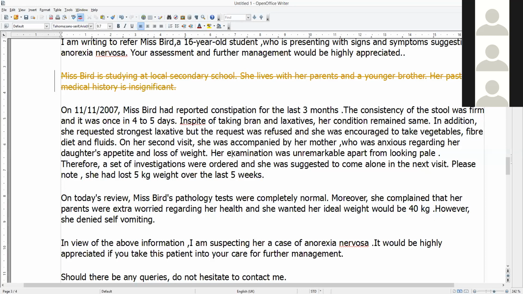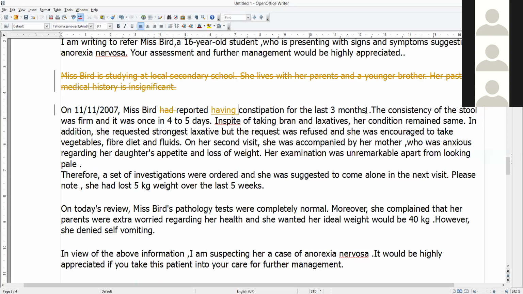We wouldn't use it there because there's only one action, not two. We know exactly when this past action occurred, so the simple past would do fine. Miss Bird reported having constipation for the last 3 months.